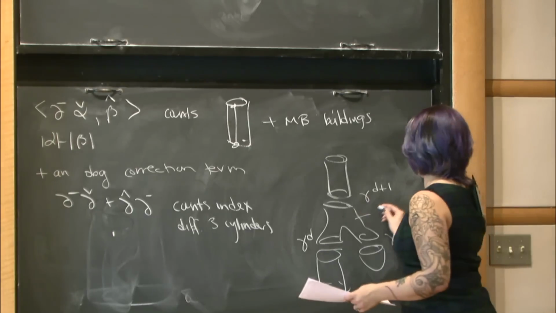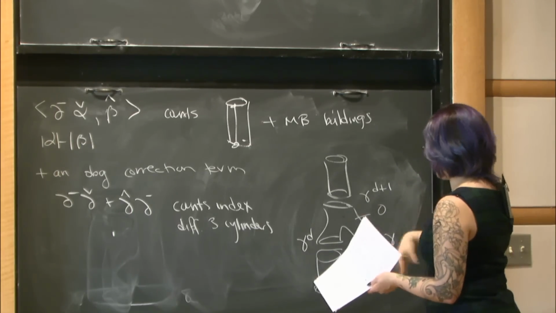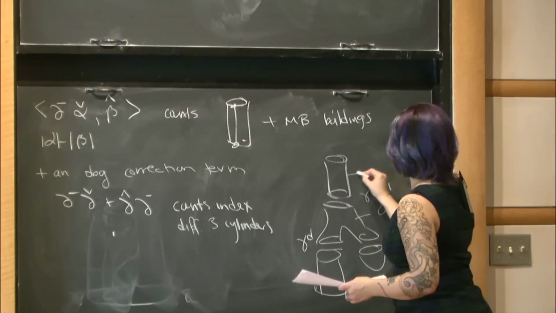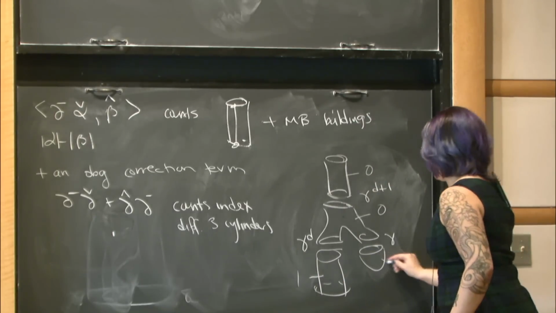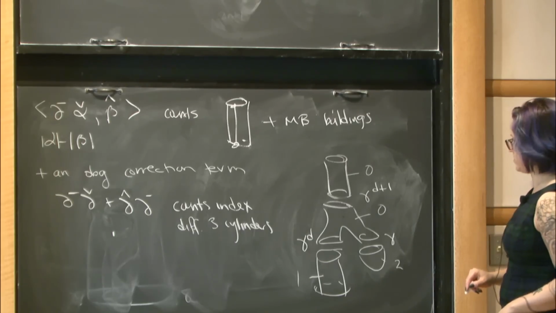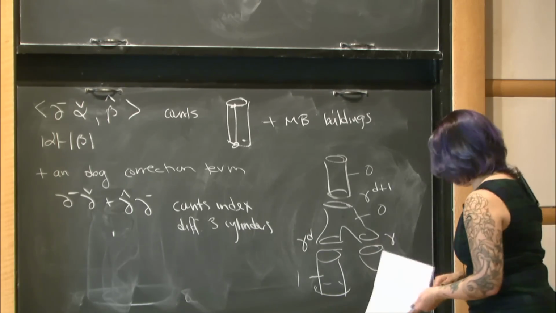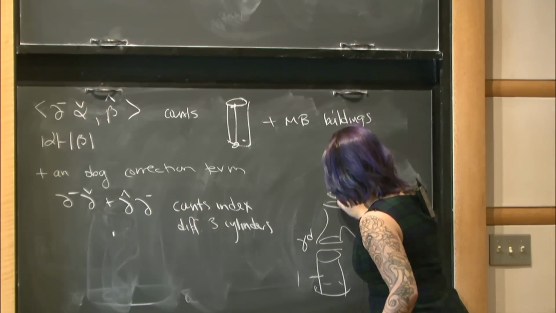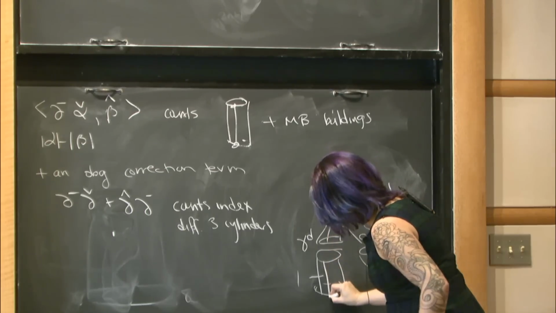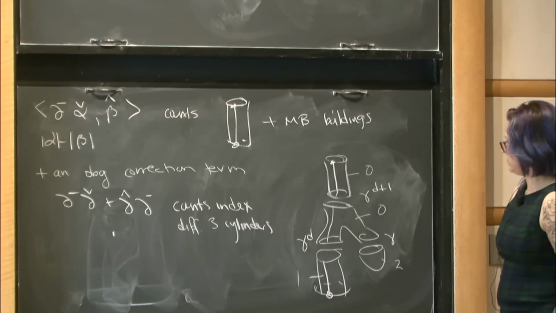This will have index 0 before you mod out by the R action. This will be a trivial cylinder. This is a cylinder of index difference 1, and this is a holomorphic plane of index 2. And then we also have a point constraint at the top, and then we have a point constraint at the bottom. Okay.